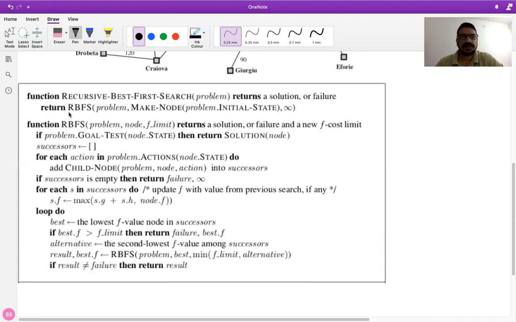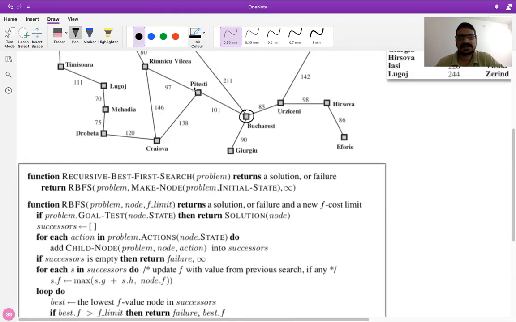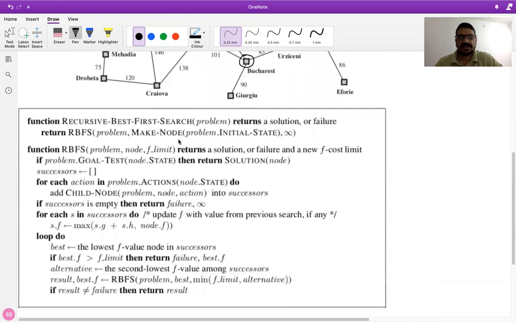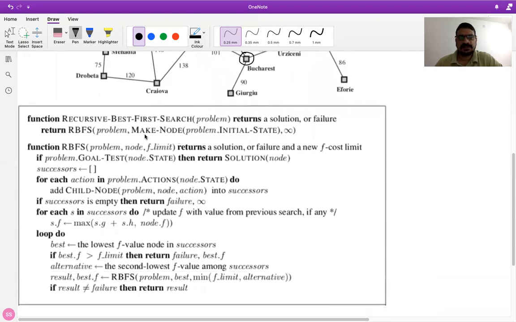Now, what we are returning is RBFS. RBFS is the short form of that, and this is a separate function. And we are returning this function with the problem. Problem is nothing but, let's say this is the state space. This is your problem. And then we'll call this particular function, which is called make node. Here we have the initial node, and this infinite value has been given. I'll tell you what that means.